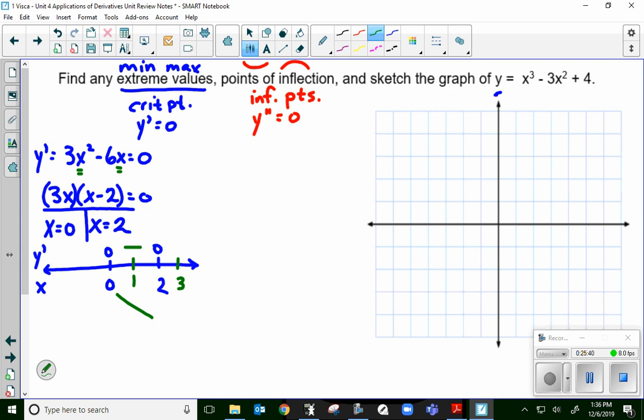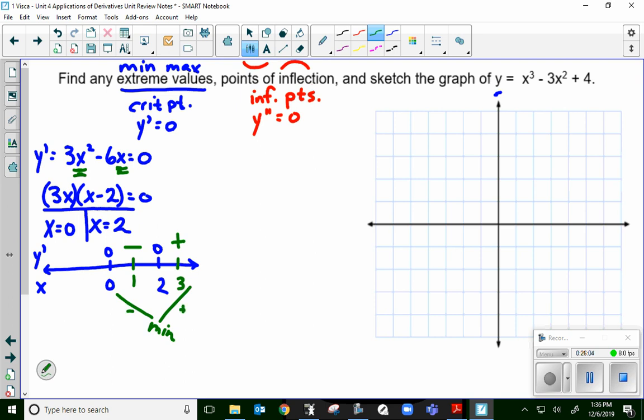If I throw 3 in here, 3 squared is 9 times 3, that's 27. 3 times 6 is 18. 27 minus 18 is a positive 9. So I know I have a min at my x value of 2, because it goes from negative slope to positive slope.